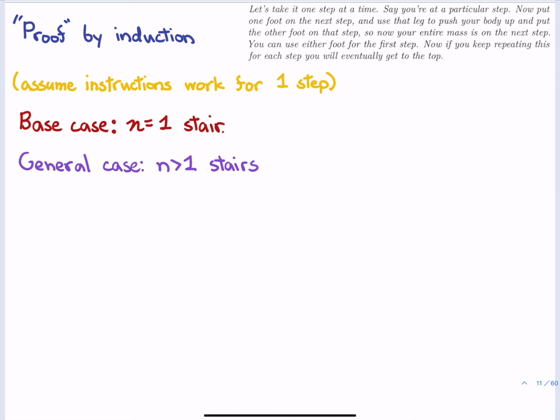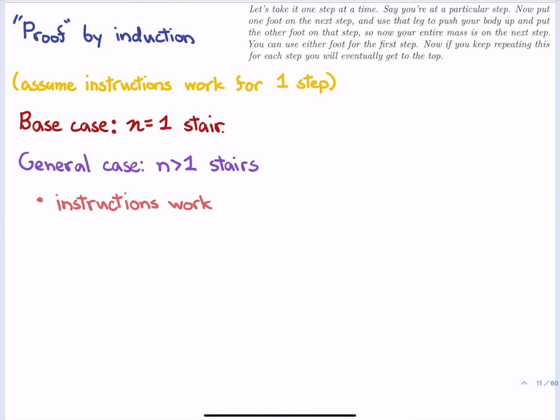So we're assuming by induction that I have instructions that work for any 999 steps, or for any n-1 steps. And I'm trying to deal with n, and I'm just trying to figure out the words to put it together. Yeah, the original algorithm guarantees we can step up one step.